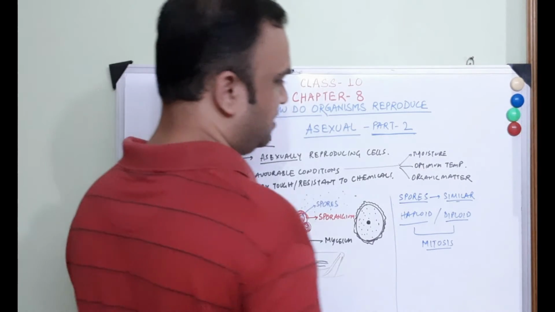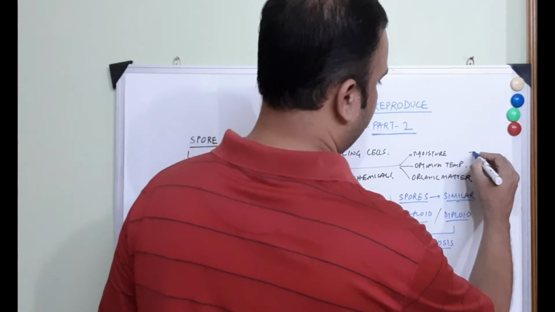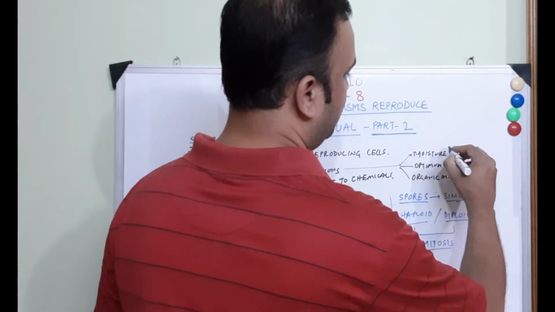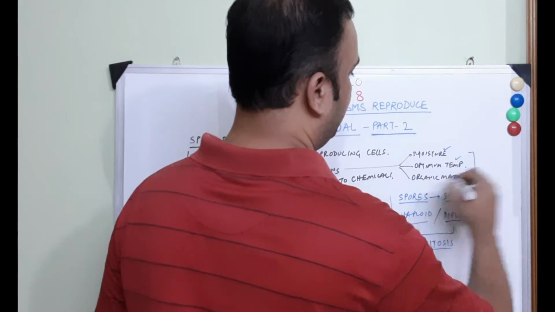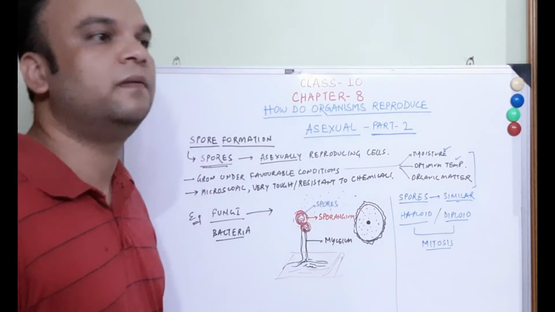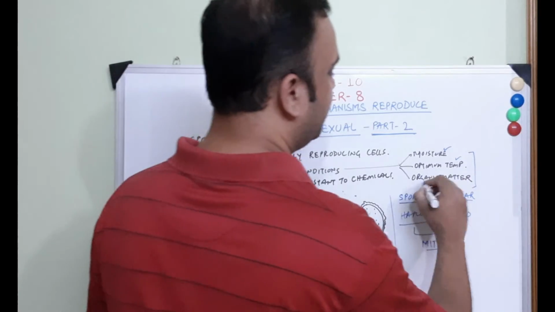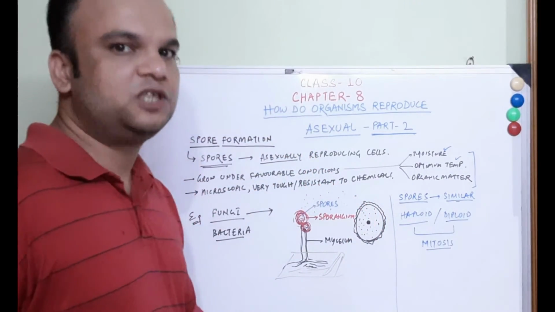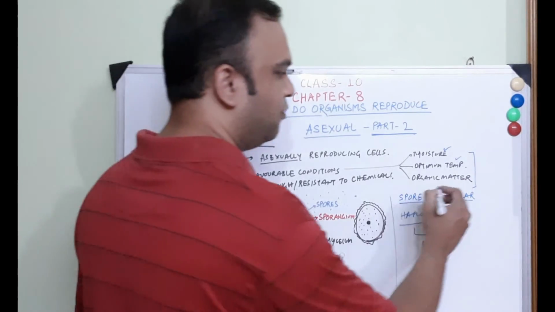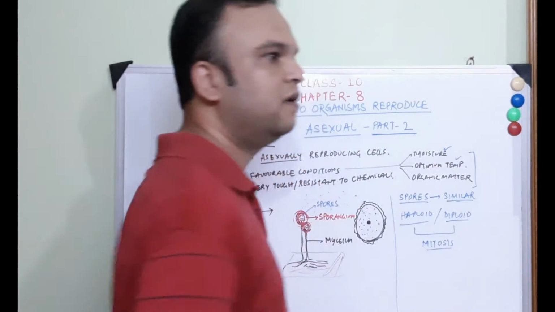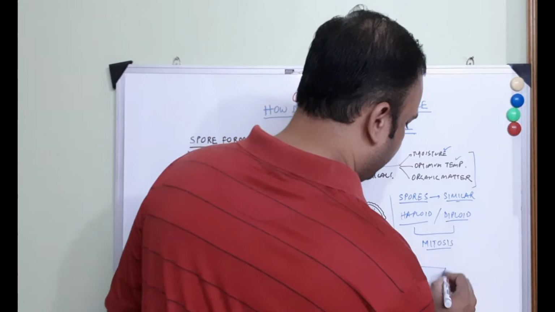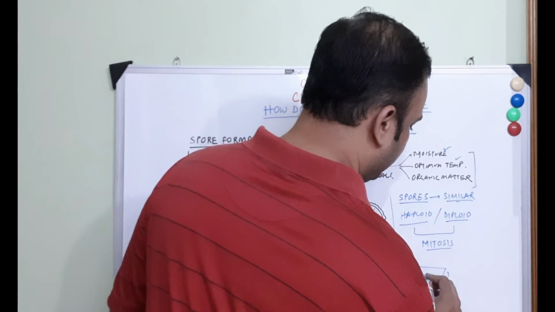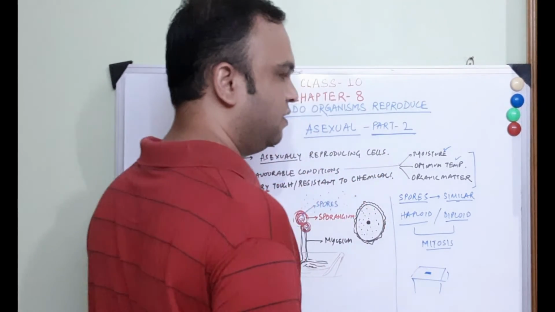Out of these three factors which are present, suppose one of the factors is moisture, optimum temperature, and organic matter. Suppose moisture and optimum temperature are available but organic matter is not available, then will the spores be able to grow? For spores to grow, organic matter is also necessary, because moisture alone cannot help it. You have spread water on the table, and temperature is already present.